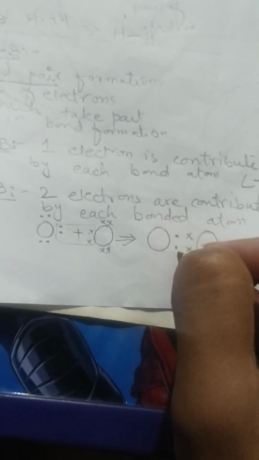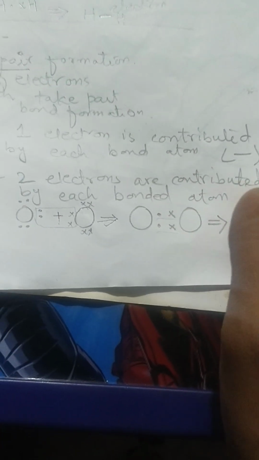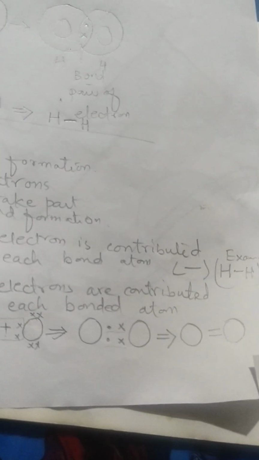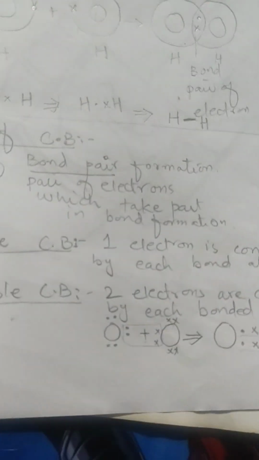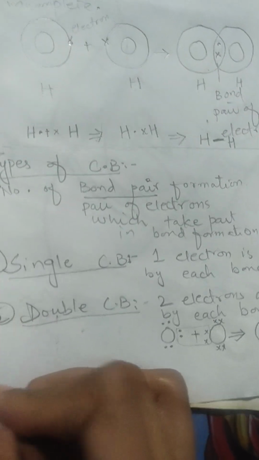These 2 bond pairs are represented by double lines between 2 oxygen atoms, and this is called double covalent bond. There are many examples of double covalent bond too.